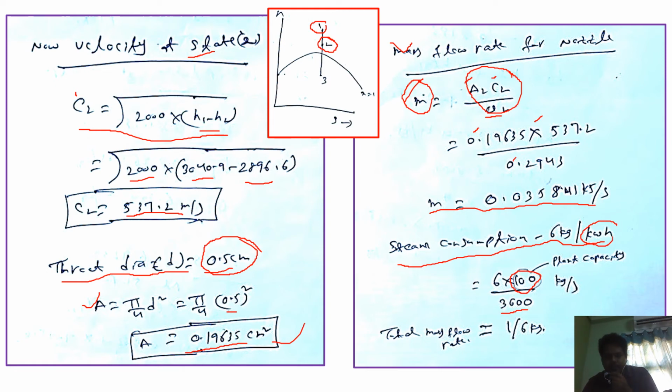That is the reason I have written 3600. So the total mass flow rate is 1/6 kg per second. Now from this data we can calculate the number of nozzles, which we will see in the next slide.